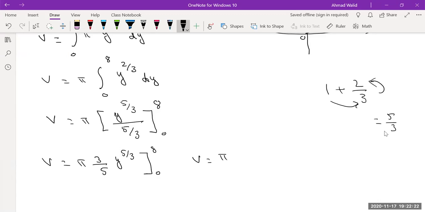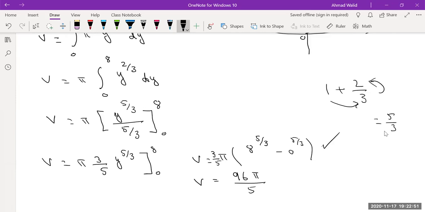Plug in the numbers, then V equals 3 over 5 pi times 8 to the power of 5 over 3 minus 0 to the power of 5 over 3, which gives you the calculation. I'm not going to do the calculation for you. 96 pi over 5.